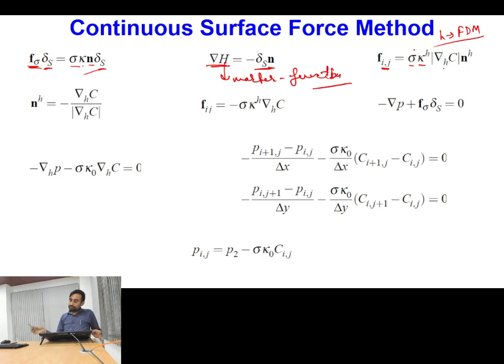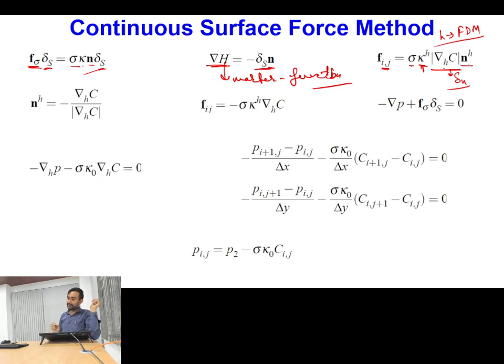So for sigma k, the mean curvature k I need to calculate, and then this gradient I need to calculate, which will be identical to my delta function. Why identical to the delta function? Because this will be non-zero only for the cells which are at the interface, and for all other cells it will be 0.